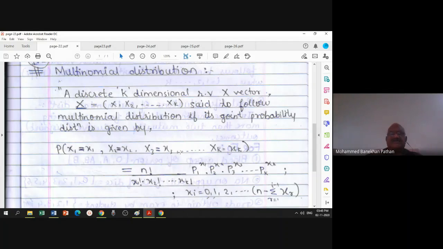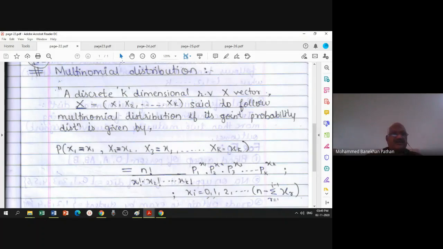There are many examples where we get two possible outcomes in a trial. In such cases, we use binomial distribution, which you already studied at your first year level.